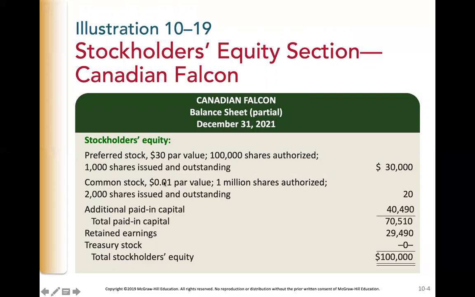The 2,000 times the penny gives you the $20. Additional paid in capital is those amounts that were put into the company over par value, gives you total paid in capital. The retained earning balance for the years for the company since its inception is shown, and in this example there is no treasury stock listed, so the total stockholders' equity section of the balance sheet is $100,000.